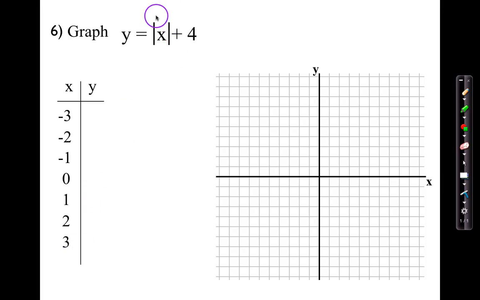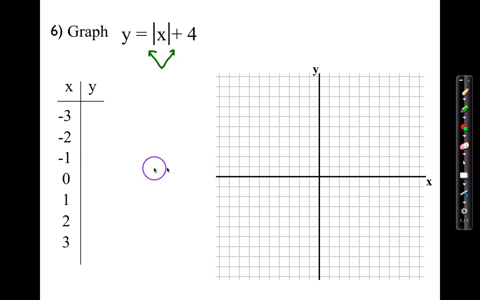And the reason why we're doing this for absolute value is because without these extra ordered pairs, -3 and +3, you might not see the true shape. You might get tempted to call it a parabola. So here, when you see these absolute values, you should expect a V shape. Okay, I don't have a name for it, so I'm just going to call it a V shape.